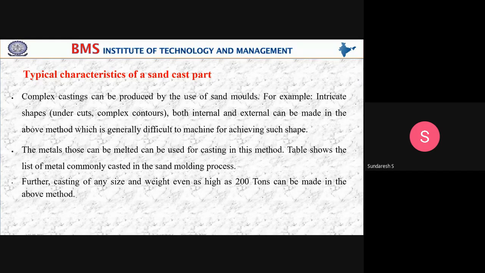Metals that can be melted can be used for casting by this method. The table shows a list of commonly melted metals. Further, castings of any size and weight, even as much as 200 tons, can be made by this method. In the sense, components with weights up to 200 tons can be made by the casting technique.